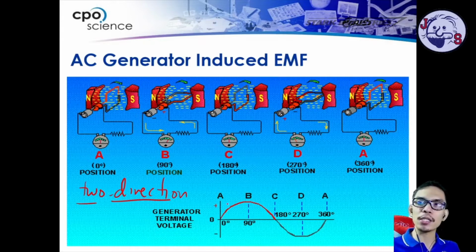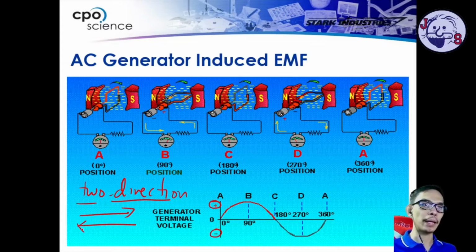Periodically the current changes direction over time. Sometimes it goes in the positive direction, and after some time it goes in the negative direction, so it goes in the opposite way periodically.